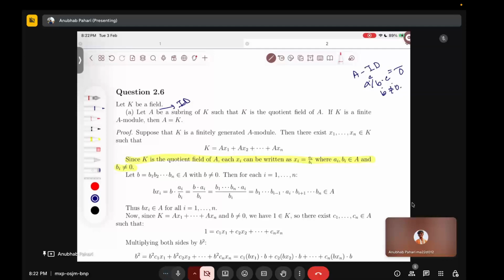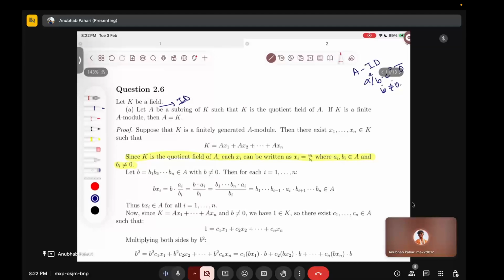Okay, so what we are saying is that if K is a finitely generated A module, then A is K. So A is an integral domain which is a subring of a field, and therefore K is an A module, right? So now what I am saying is that if K is a finitely generated A module, then they are equal.